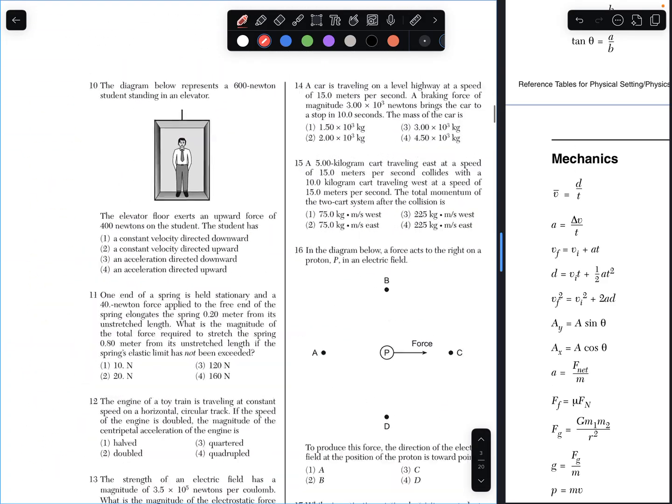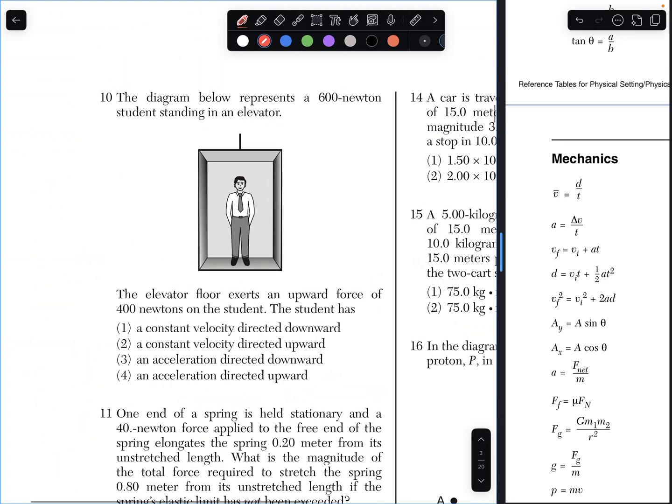Okay. All right, the diagram below represents a 600-newton student standing in an elevator. The elevator floor exerts an upward force of 400 newtons on the student. The student has a weight of 600 newtons, so 600 is going to point down. And the elevator exerts an upward force of 400 newtons, so upwards is going to be 400 newtons.